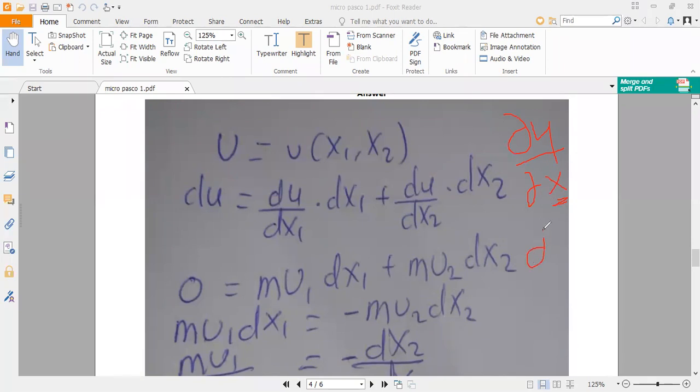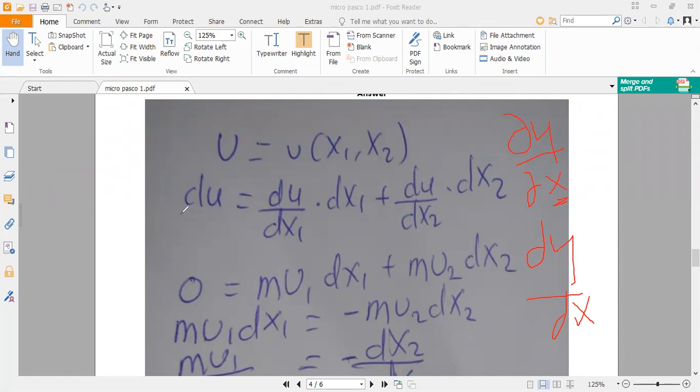But if we use this dy dx, it means that we are taking total differentiation of all the variables in the function. But still, this one measures a change in y resulting from a change in x. This one too still measures a change in y resulting from a change in x.